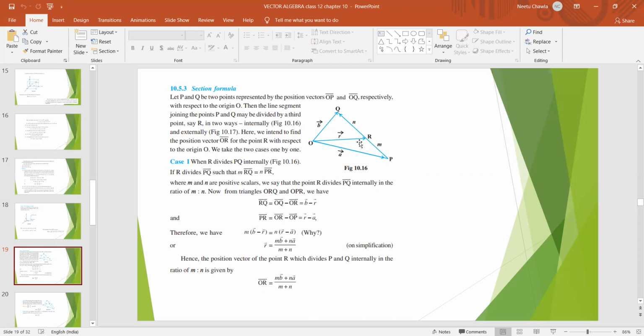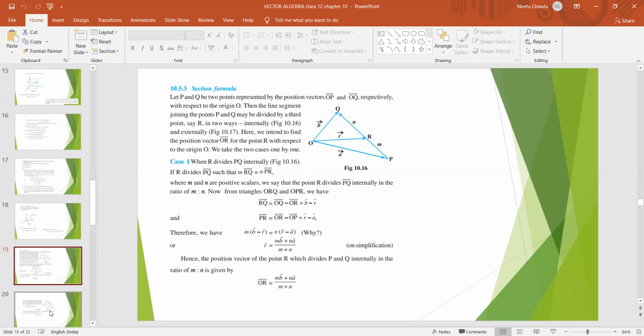See this: m into vector b plus n into vector a upon m plus n. Just the same way as we were writing in class 10th, since it is internal division, we use it in the form of addition. So in case of internal division, it will be with the positive sign, m into b vector plus n into a vector upon m plus n.